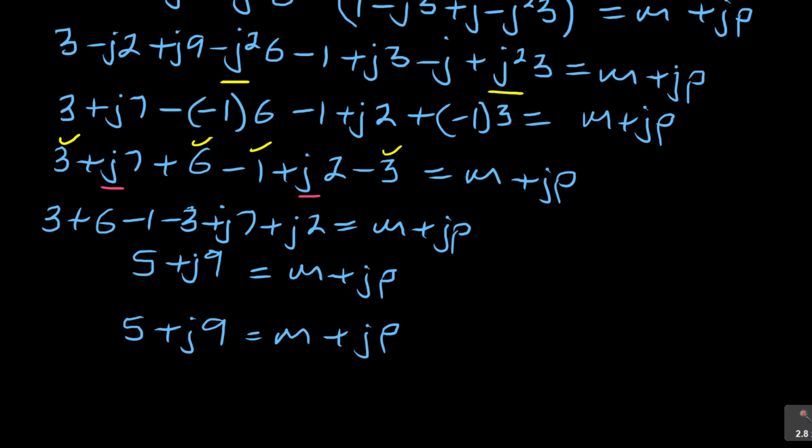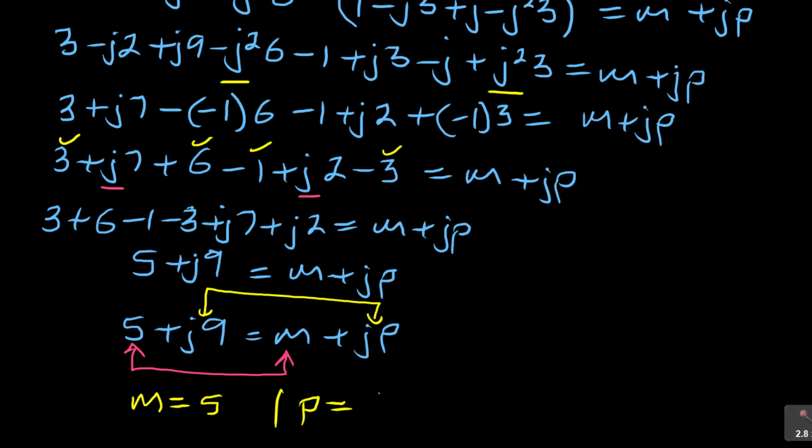So now if I'm to solve the simultaneous equation, I'm going to be matching. Look at this, the 5 is the m and the j is the p. So here I can conclude and say m is equal to 5, and p is equal to 9.